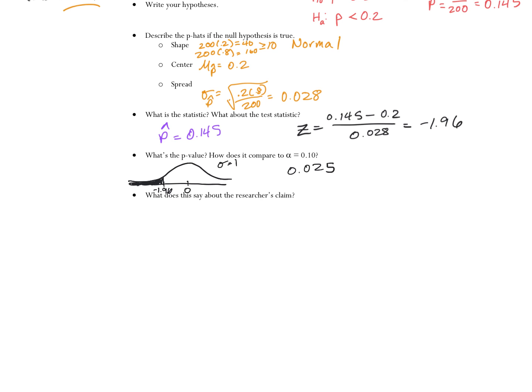And how does that compare if I used alpha equals 0.10? Is it bigger than alpha or smaller than alpha? Smaller. So what does that mean? Can we rule out the null hypothesis? Can we say, hey, we shouldn't have been able to get this if the null hypothesis is true? Yeah, it's unlikely to happen when the null hypothesis is true. So we can rule out the null hypothesis.